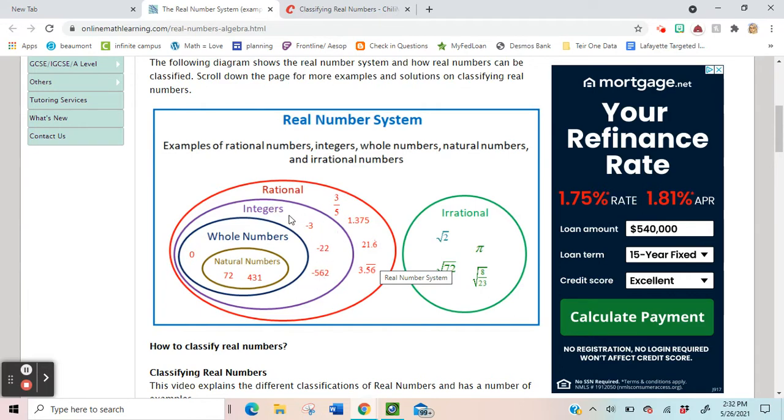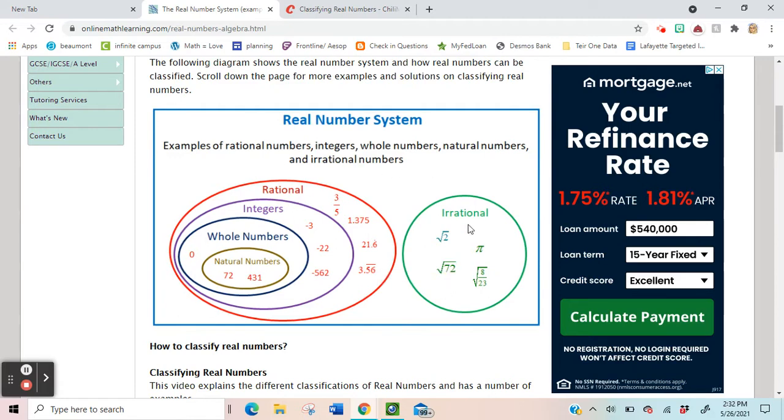Negatives are included in there, and then positive numbers as well, and 0. The whole numbers are 0, and then every positive counting number. And then the natural numbers are only positives. So like only the positive ones that fall in there.